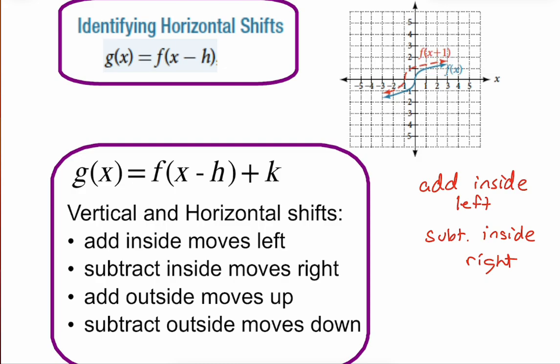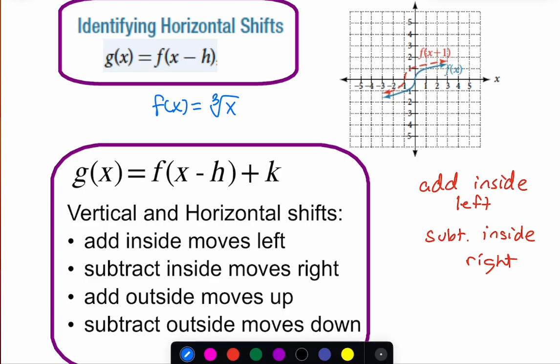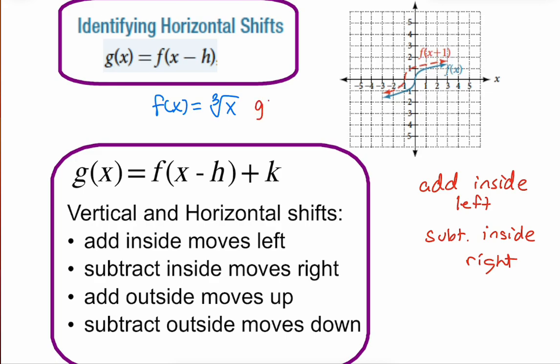So if we take that same cube root function, and we decide we want to move it to the left 1 unit, all you're going to do on the inside is add 1. So that would be the 2 functions that you see there on the right.